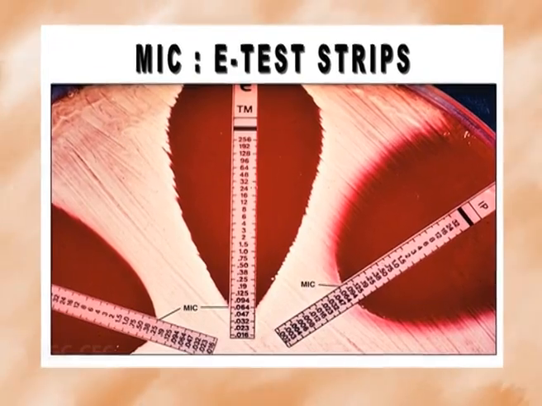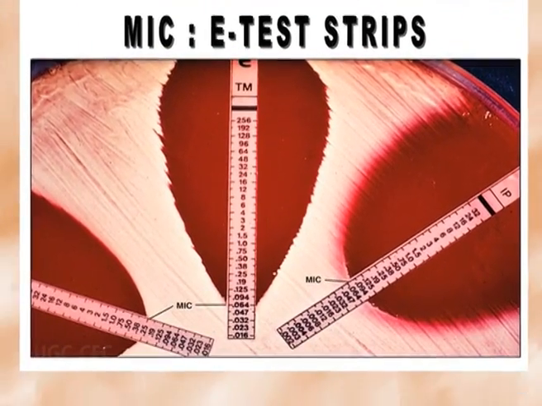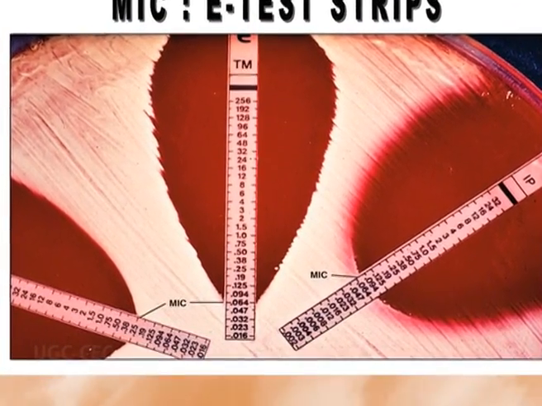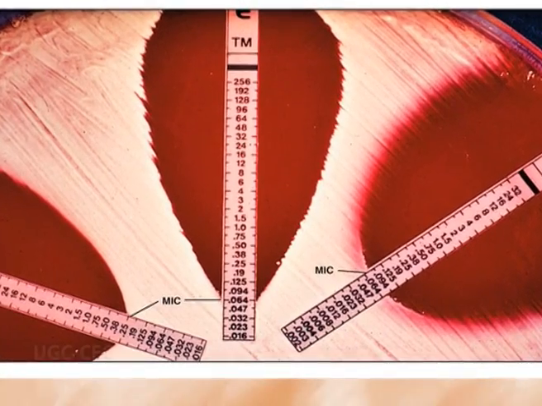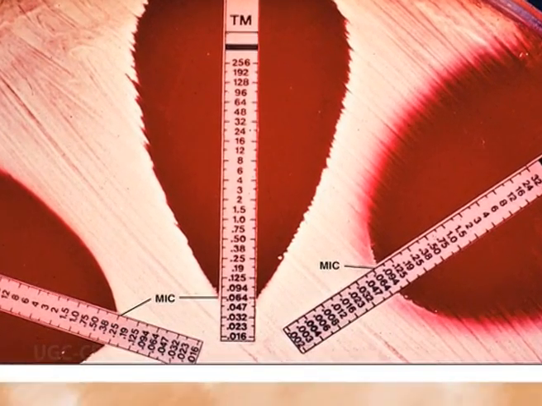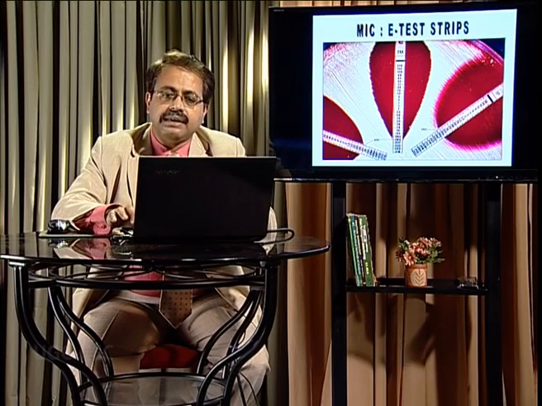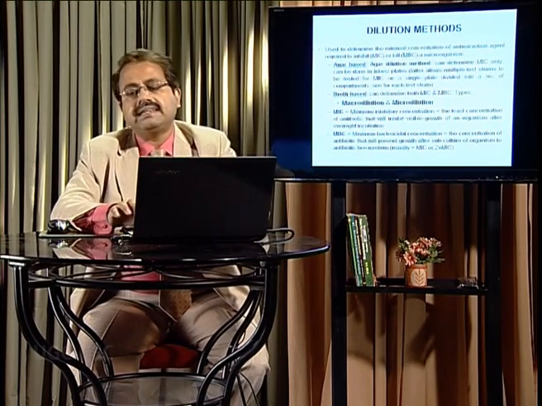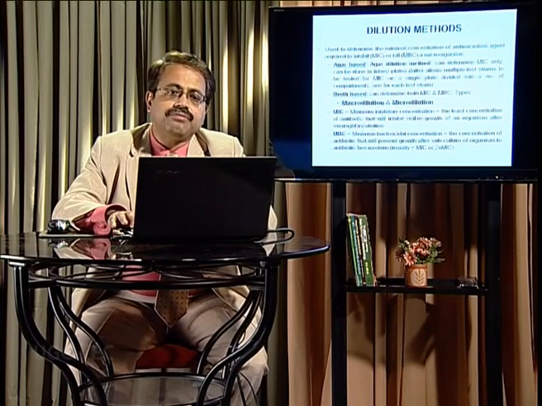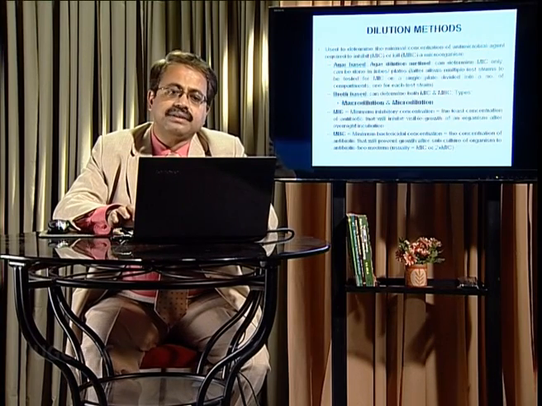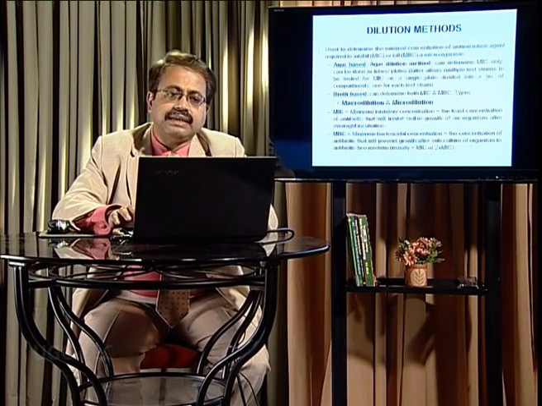The point where the bacterial growth cuts the E-test strip, and the concentration mentioned against that point, is the MIC of the antibiotic for that particular bacterial isolate. So the E-test strip will give the exact MIC value of the antibiotic, but it is very expensive. If we use many E-test strips, that will increase the cost of testing.